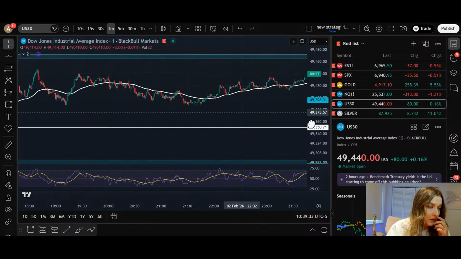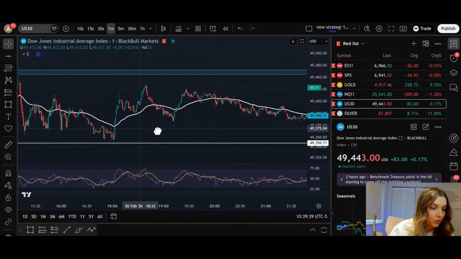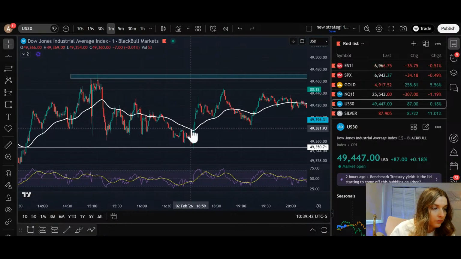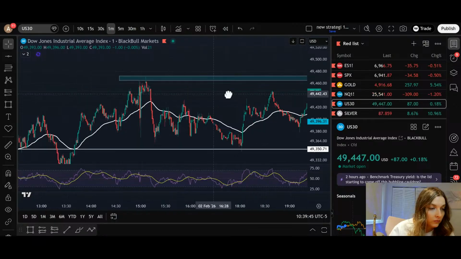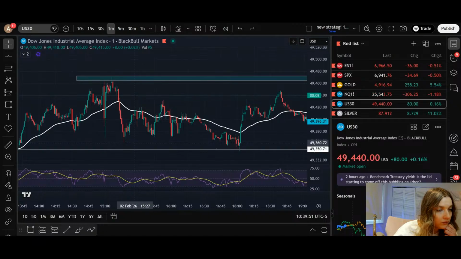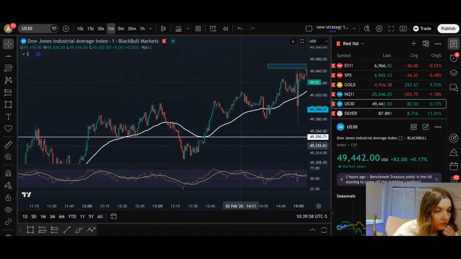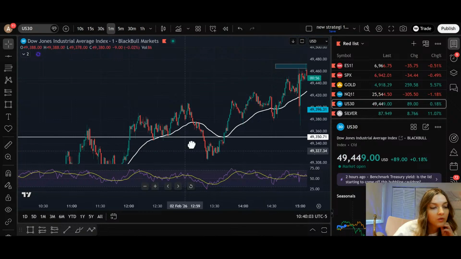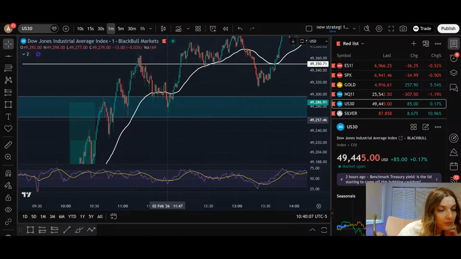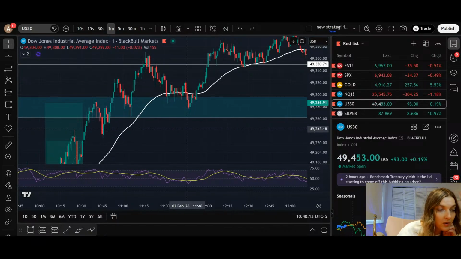In an uptrend. No. Yeah, those don't appear, but when they do appear, it's very powerful.